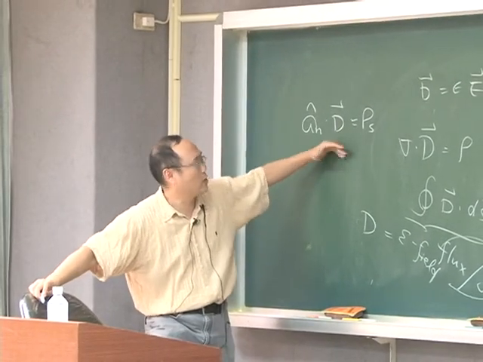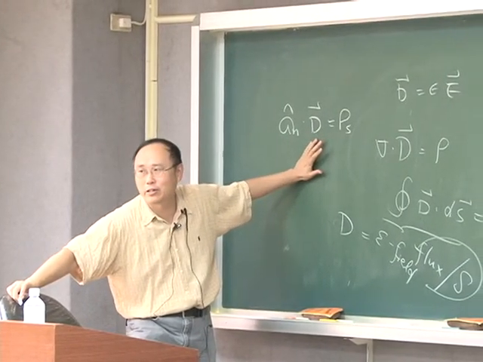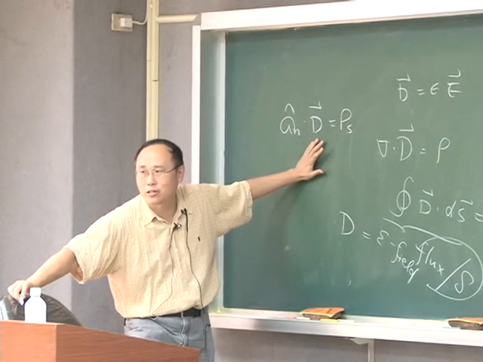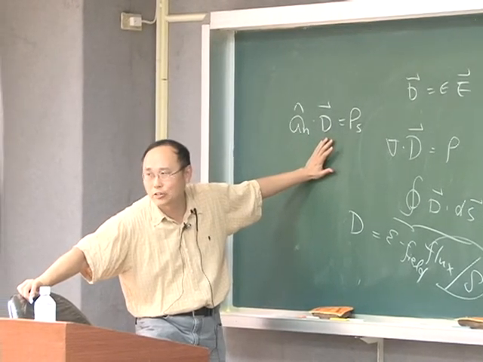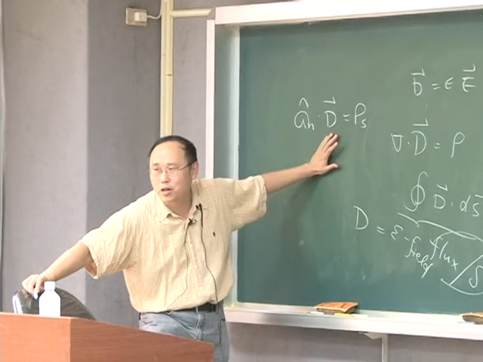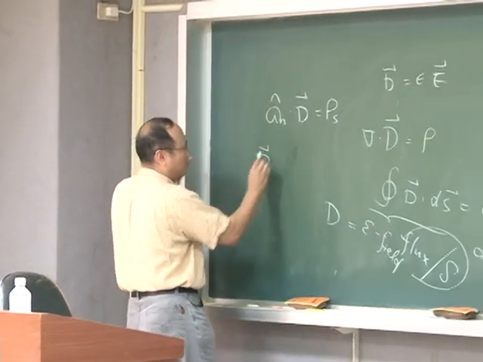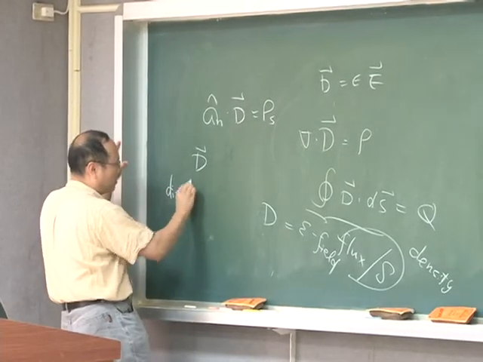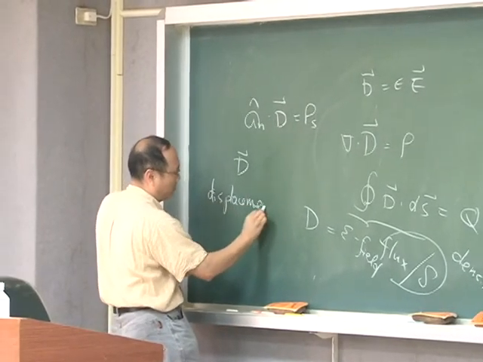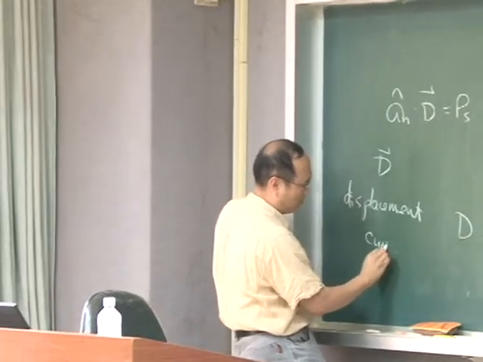So you can also interpret D as the density of charge on a surface. And when we talk about time varying fields, this D is called displacement current.